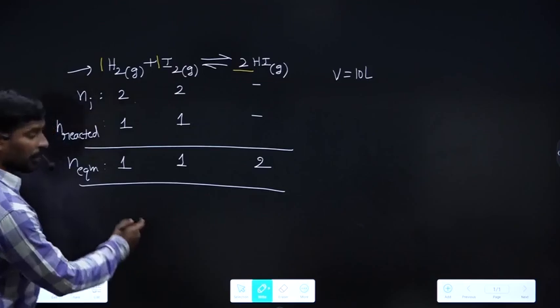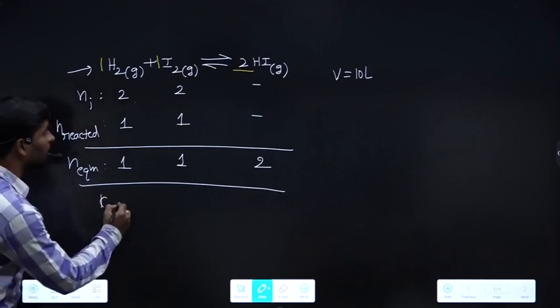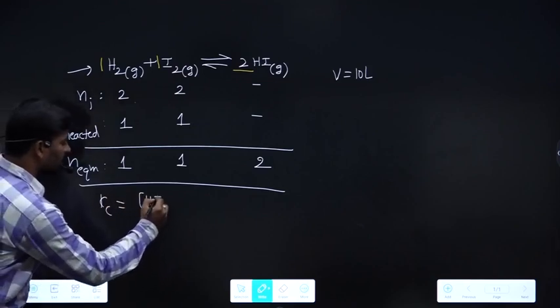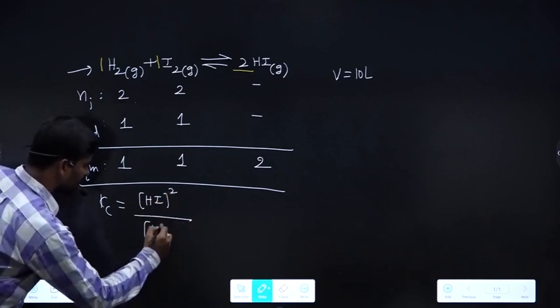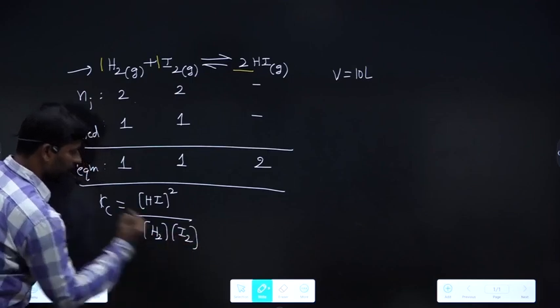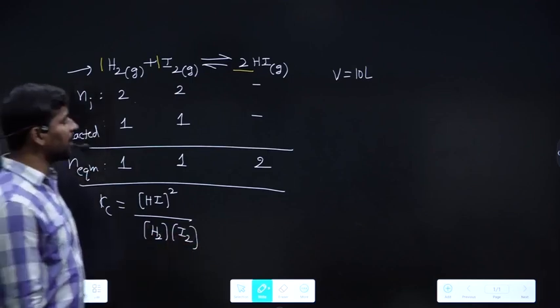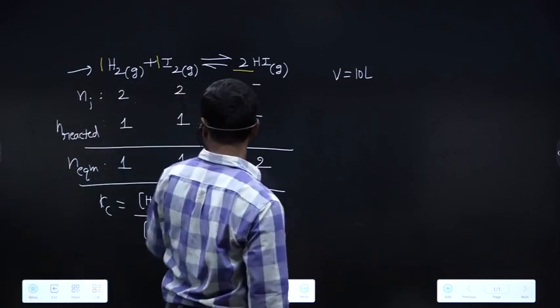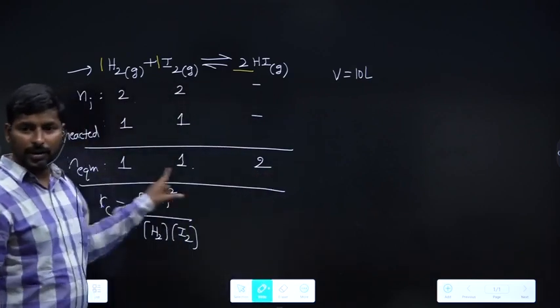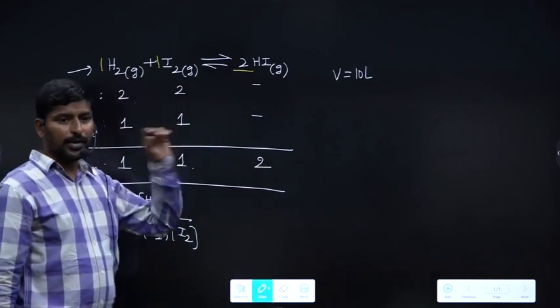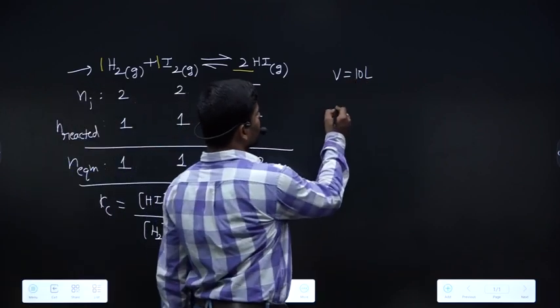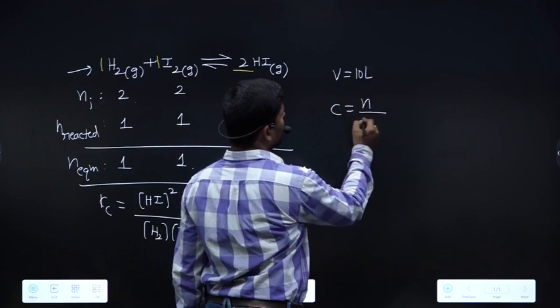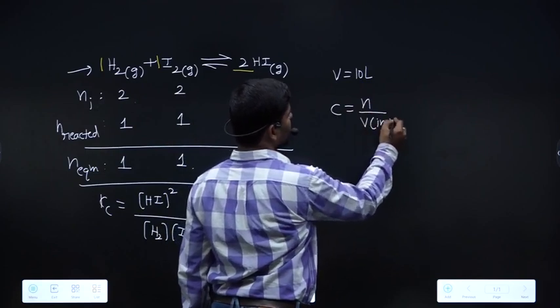And now we want to calculate Kc. Kc means product side concentrations by reactant side concentrations. How to get concentration? Number of moles at equilibrium are known to us and volume is also known to us.